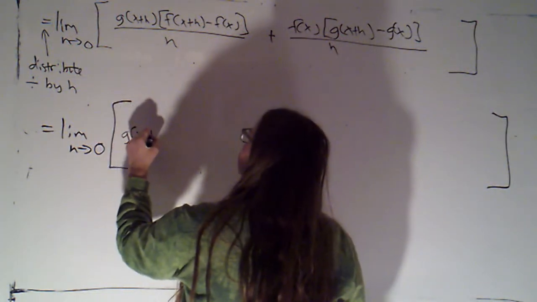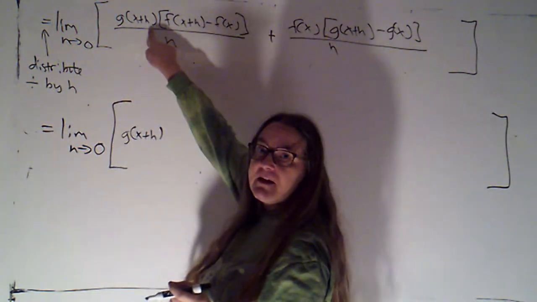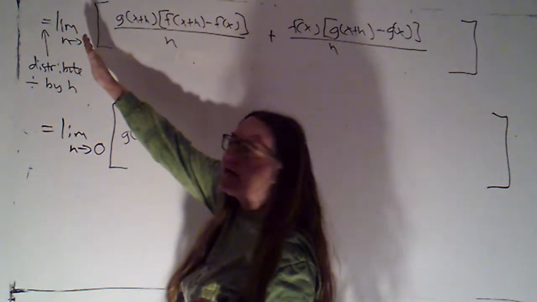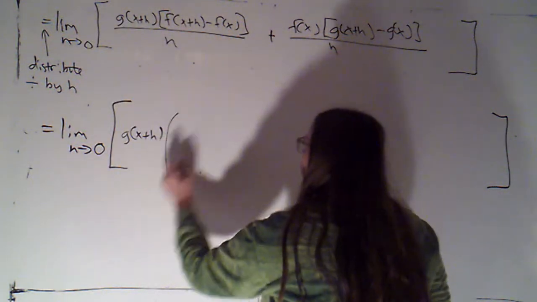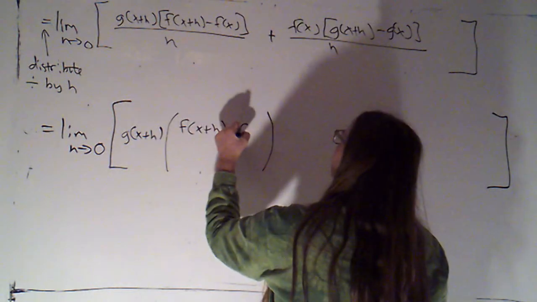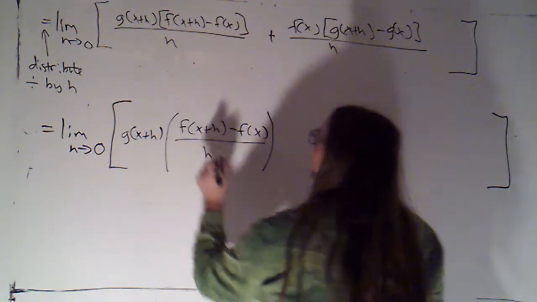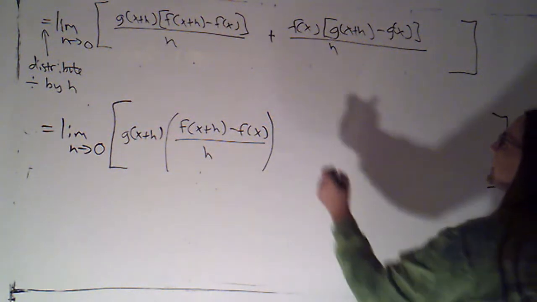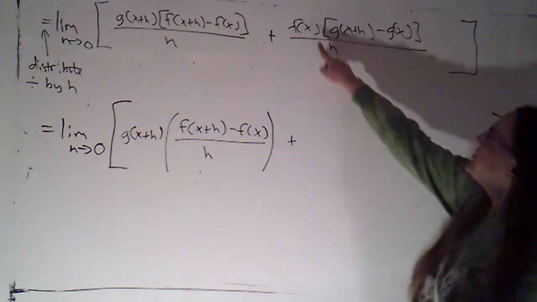G of x plus h. I'm going to take that first factor on top, and I'm just going to slide it off to the side and write that I'm multiplying it by this fraction, f of x plus h minus f of x, all over h. Plus, I'm going to do the same thing over here.